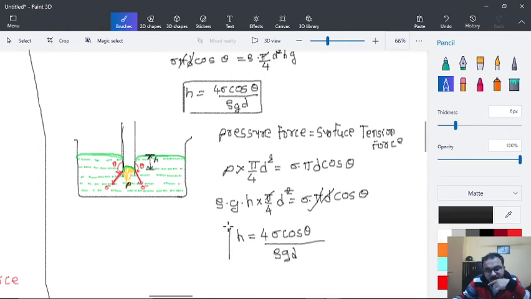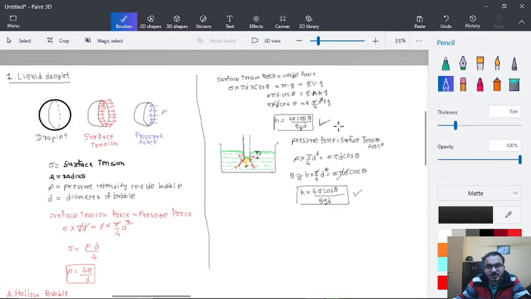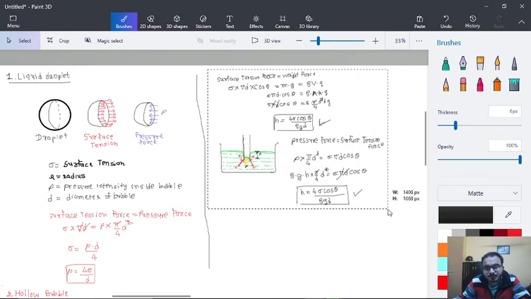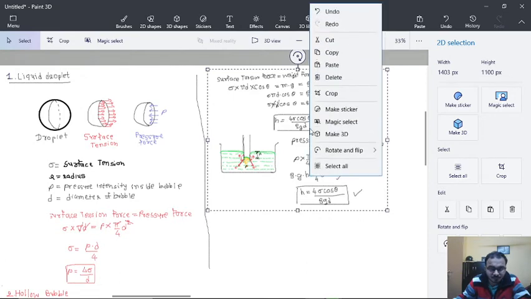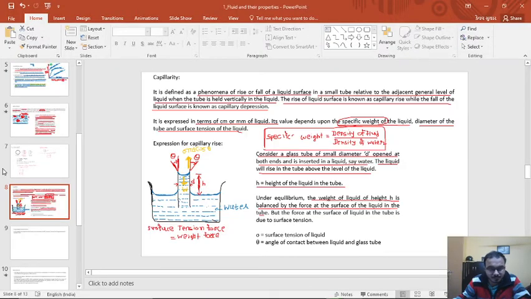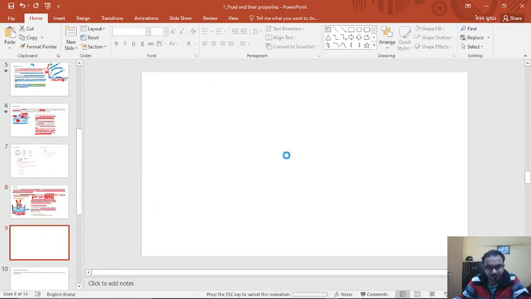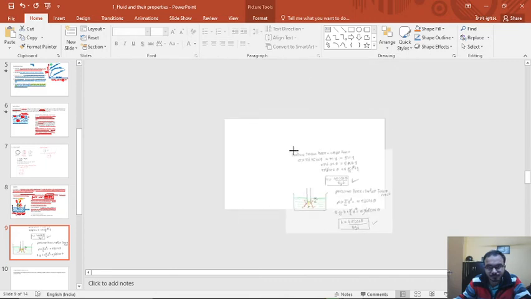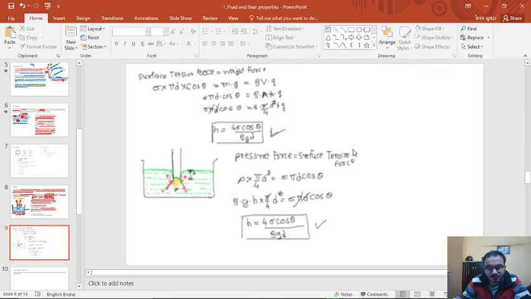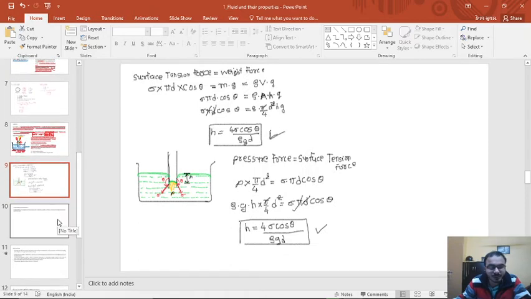So if you see, both equations are the same for capillary rise as well as capillary fall. Okay, so now let's copy this into our main slides. So this is the derivation of surface tension, derivation of capillary fall and capillary rise.